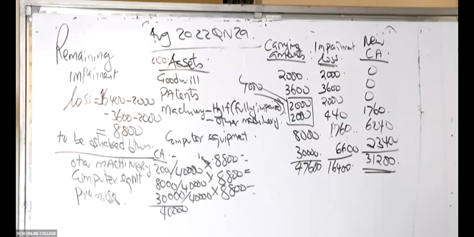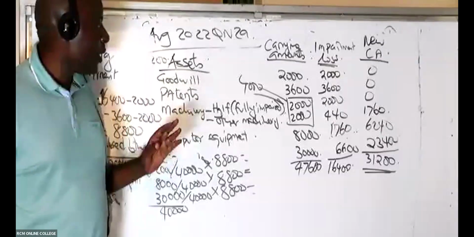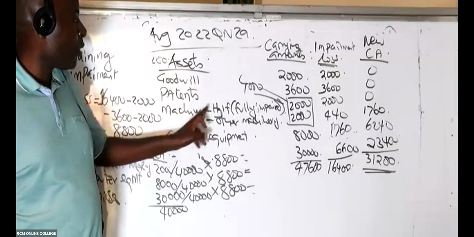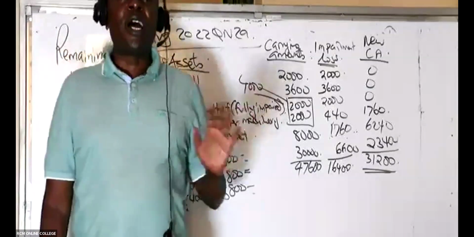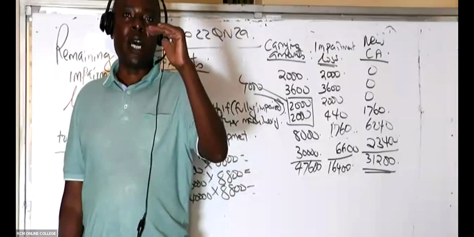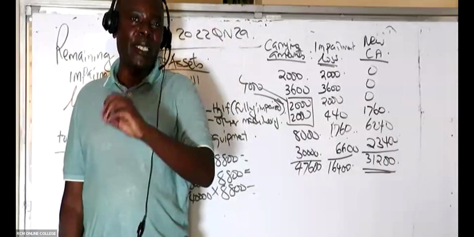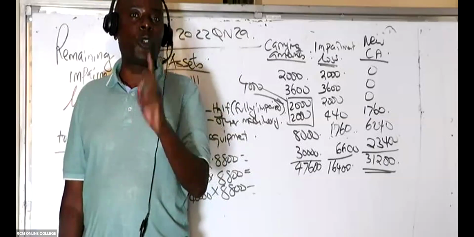Great. So there's a student who is not able to understand this machinery. You see, the machinery figure given there in total is 4,000. Out of this total of 4,000, half of it, when we did this impairment review, we discovered is fully impaired. The other half is partially impaired. So in that case you have to split that into two.